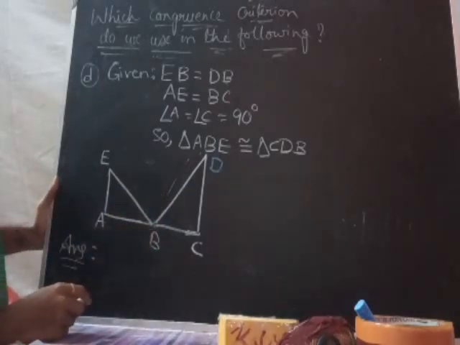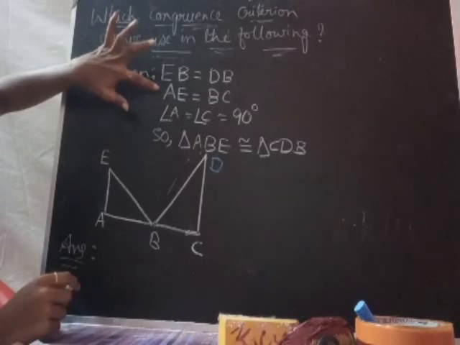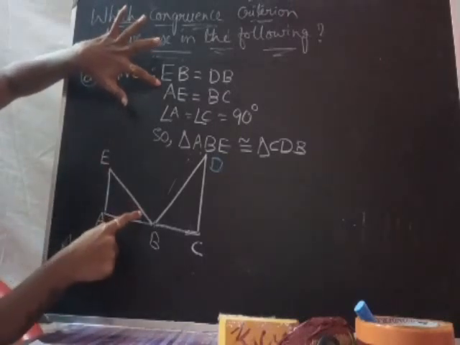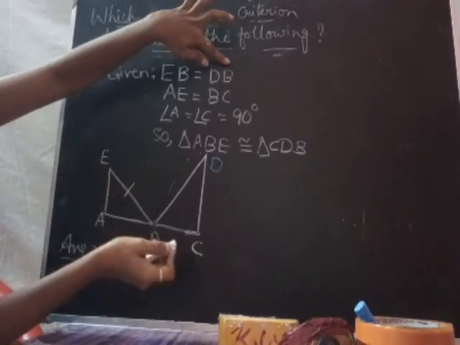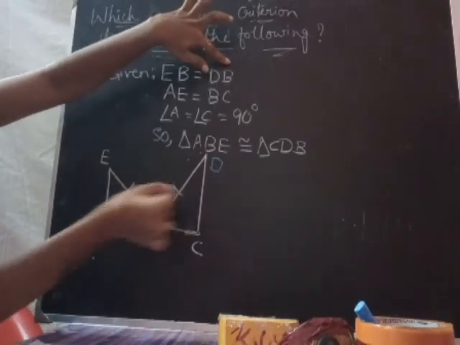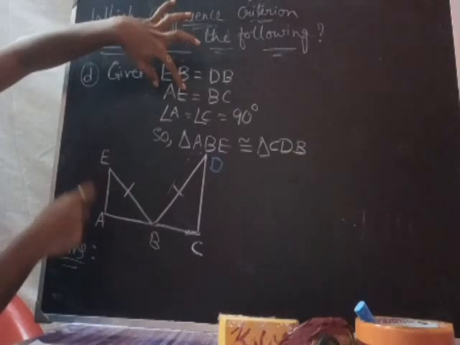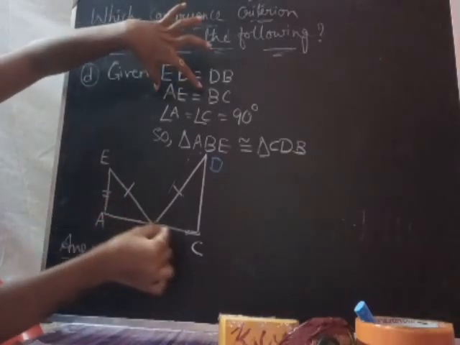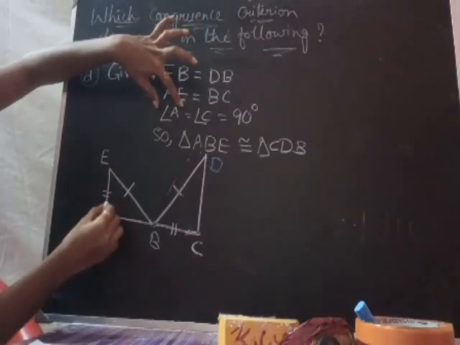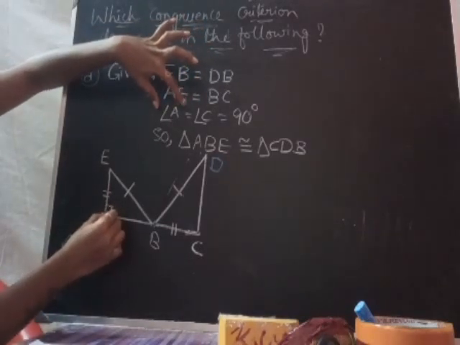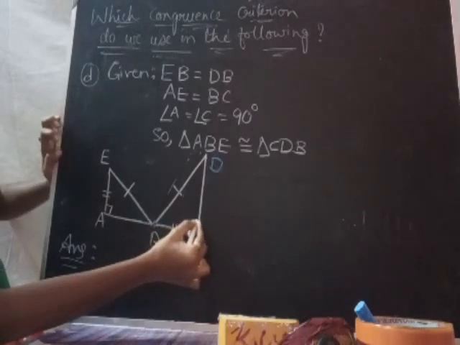So what they have given: EB equals DB, next AE equals BC, and next angle A equals angle C equals 90 degrees.